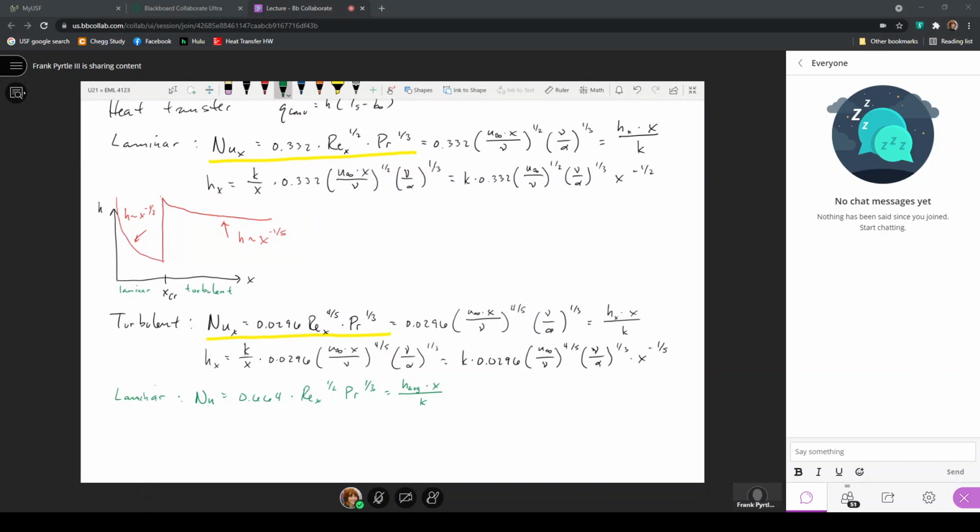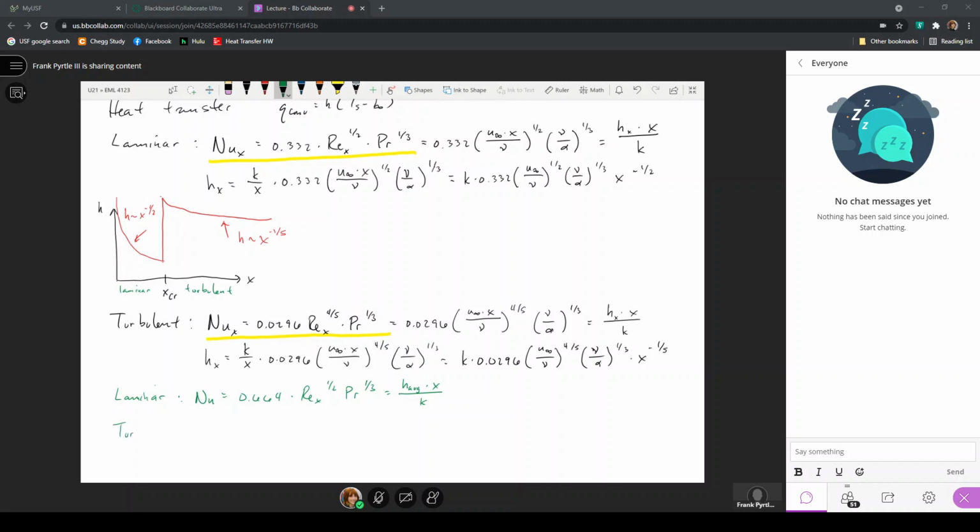Otherwise, the transition has to occur from laminar to turbulent. But this expression gives us the average heat transfer coefficient from the leading edge of the plate to any position that is still in the laminar region of the plate.